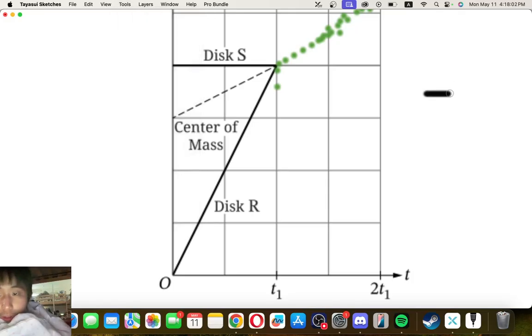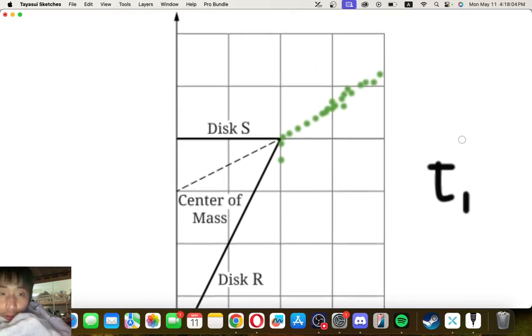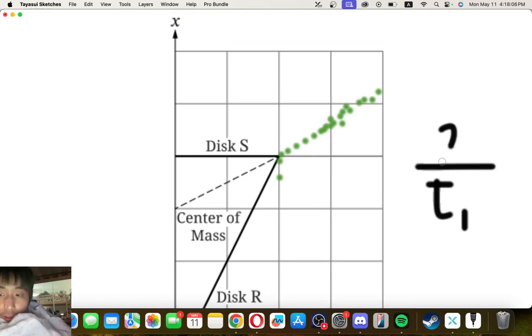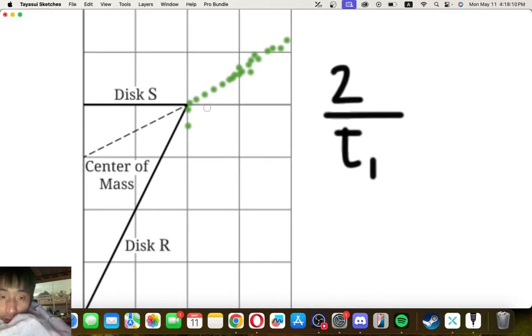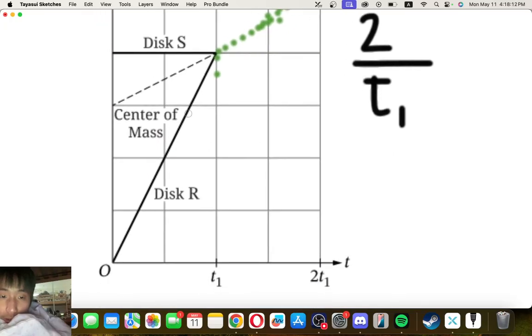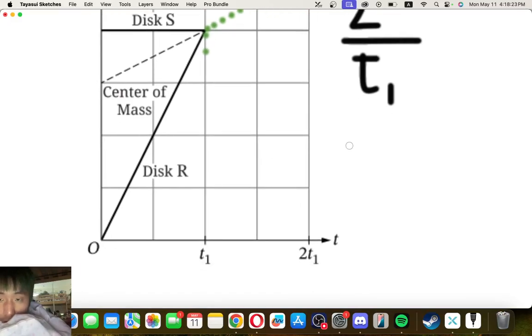Okay, t1 over 2 units of y, and this originally is 1, 2, 3, 4. So the second one is 4 over t1.